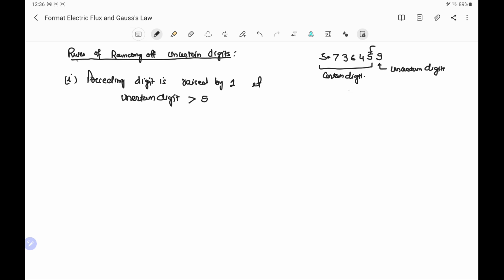For example, if we remove this 9, then the round off results in 5.7364. Now, this 9 is more than the 5, therefore, this 5 will be increased by 1, that means it is 6. Similarly, if we remove this 6 by round off, because it is greater than 5, it just increases the previous one, that means it will result in 5.7365.